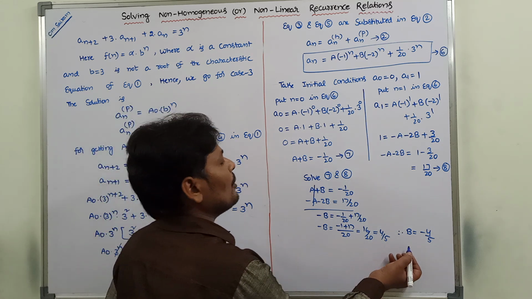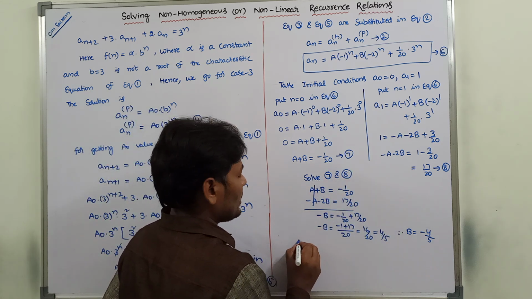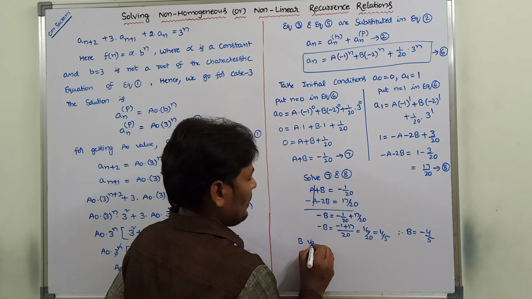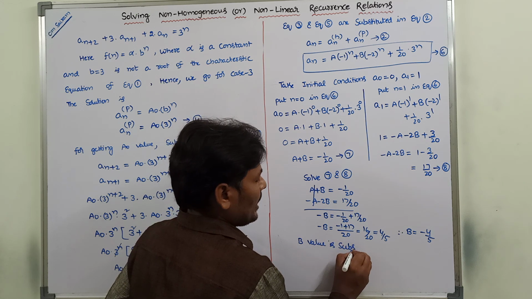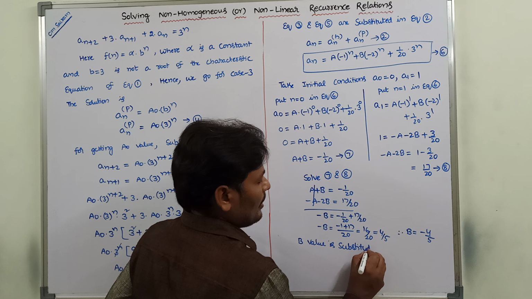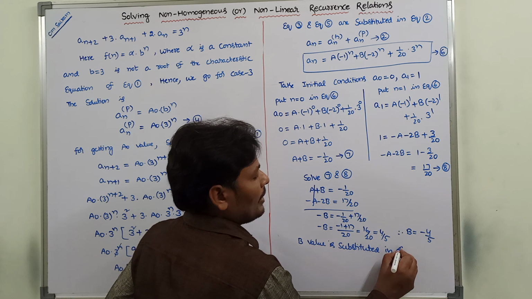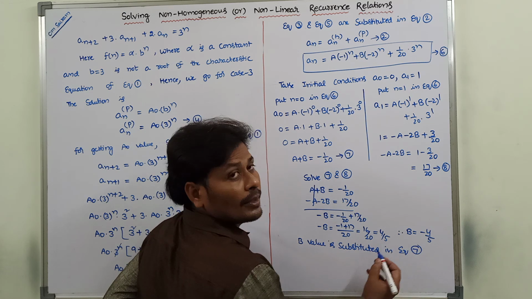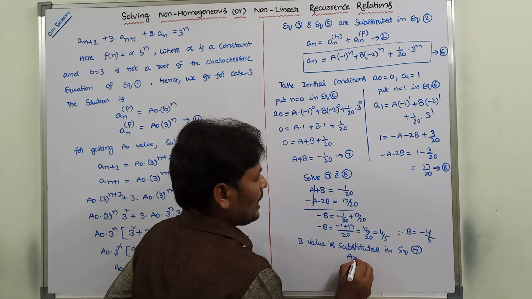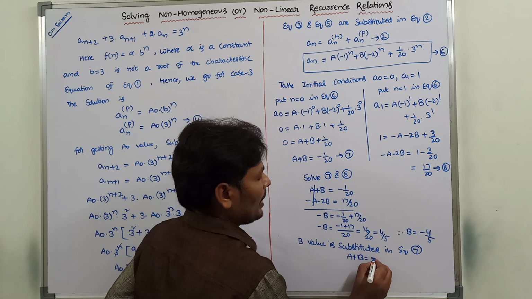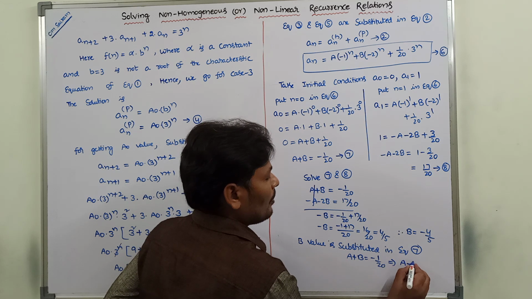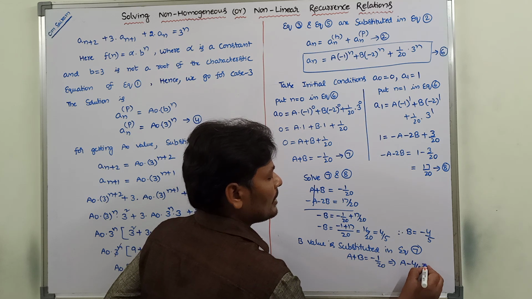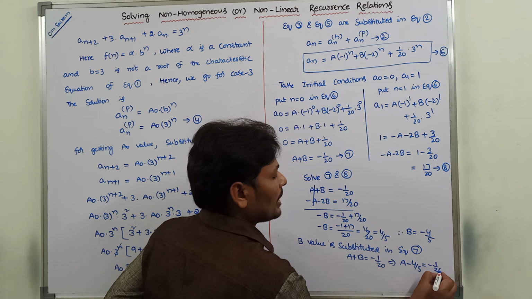Now the b value can be substituted in equation 7. So a plus b is equal to minus 1 by 20. That implies a minus 4 by 5 is equal to minus 1 by 20.